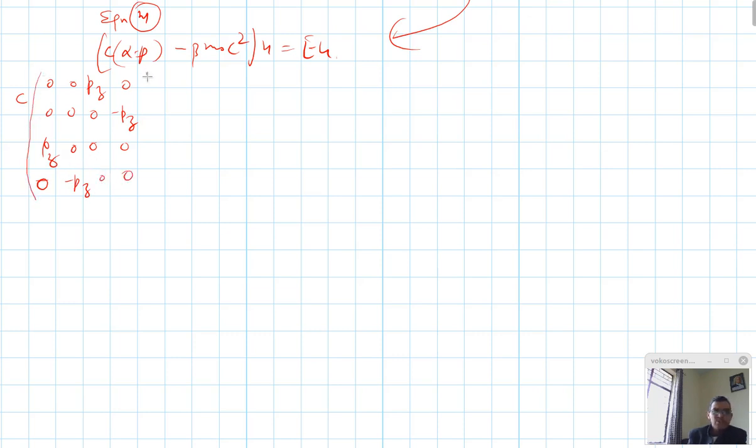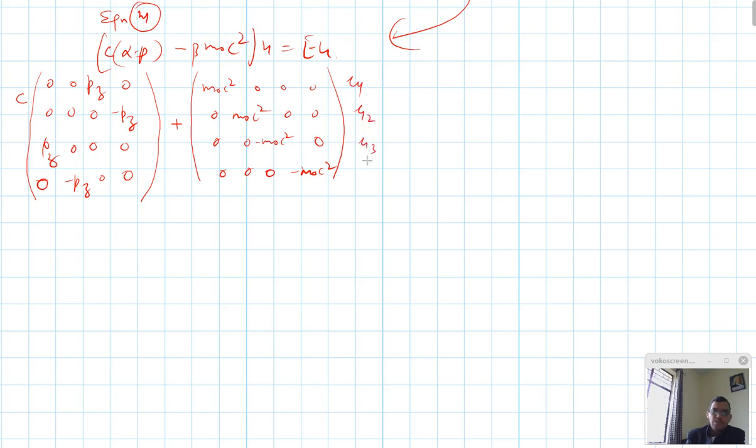These are the values which I have substituted, plus m naught c square, m naught c square 0 0 0 0 m naught c square 0 0 0 0 minus m naught c square, then 0 0 0 minus m naught c square, right?